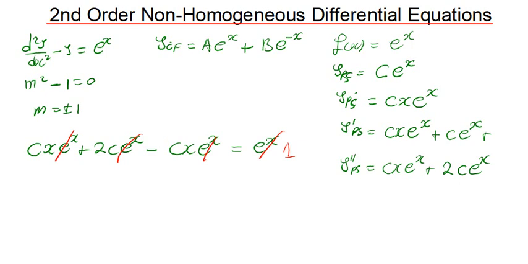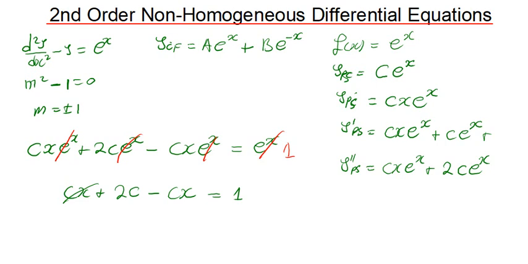So this is going to be cx plus a 2 here, 2c minus cx is equals to what? Is equals to 1. So we can still factor out the what? Do you need to factor out anything?